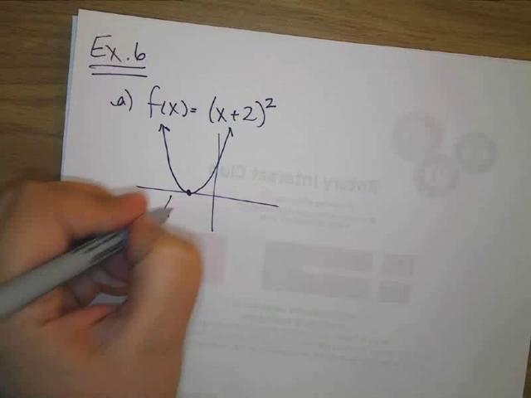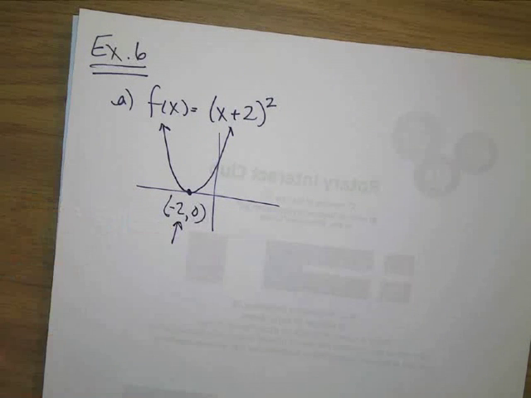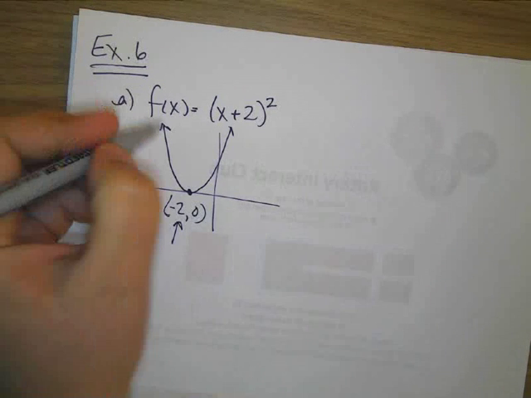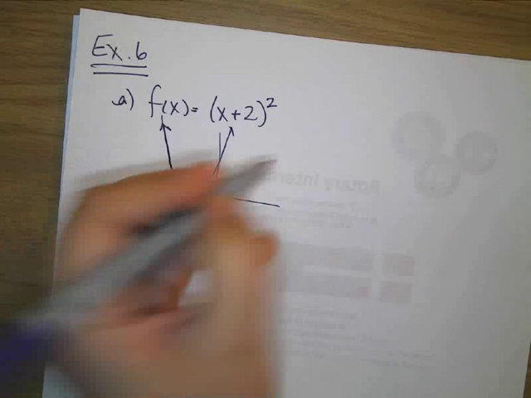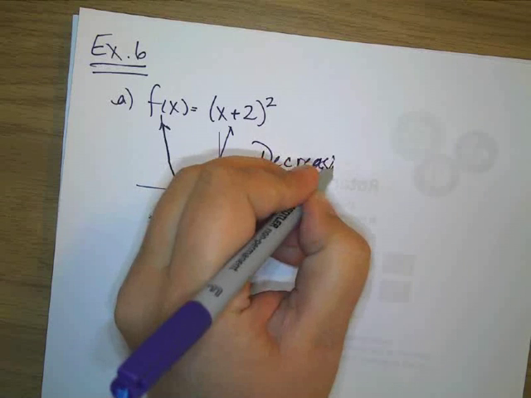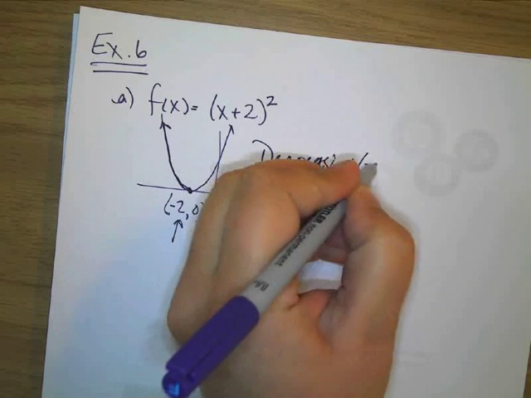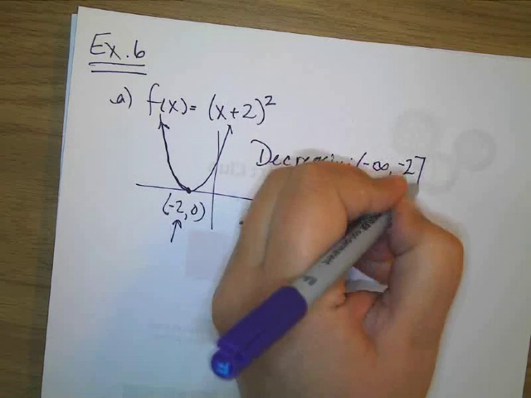So the point there is -2, 0, right? We're really worried about x values. So what does the function do? Well, remember, we read left to right. So as we come from the left, what's the function doing? It's going down. So yep, we're going to say decreasing from -infinity all the way to when x is -2.